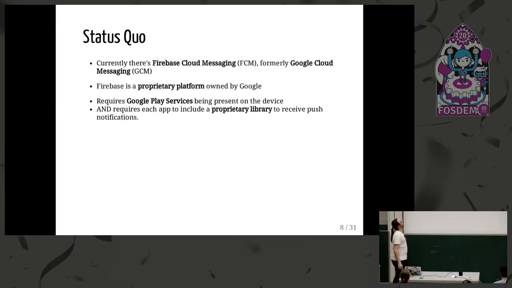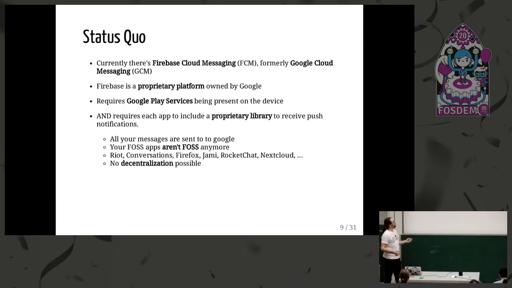But there's a number of drawbacks. For one, it requires Google Play services being present on the device, which is the non-free part of Android. It also requires every app that wants to register for push notifications to include a proprietary library distributed by Google. So that actually means when you get apps you thought were free on the Google Play service, which do Google Cloud Messaging, they're not actually free software because they include a proprietary library or multiple ones.